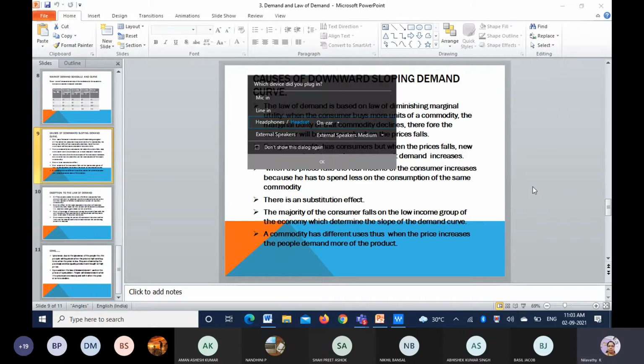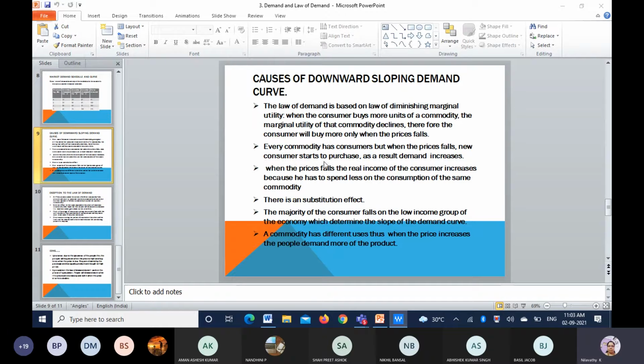So that desire or characteristic of an individual will make them choose a commodity when the price is very low, and if it is very high, we are not going to get maximum satisfaction if we have more of it. So for that reason, when the prices are high, we will not be demanding it.